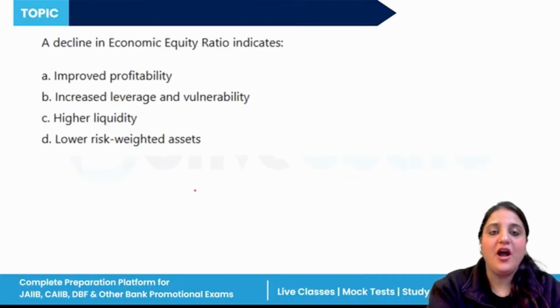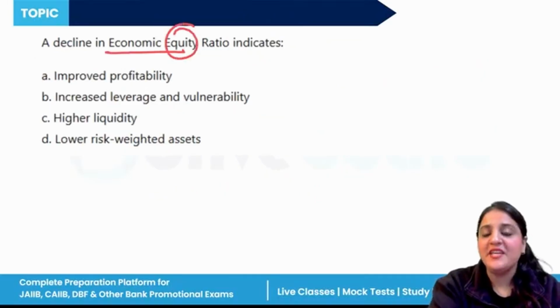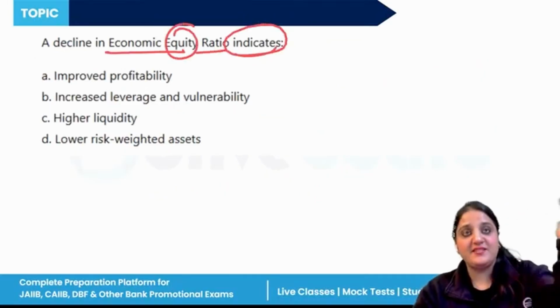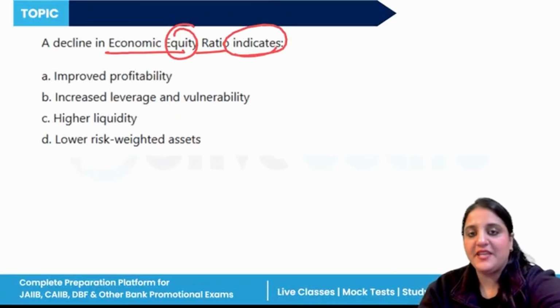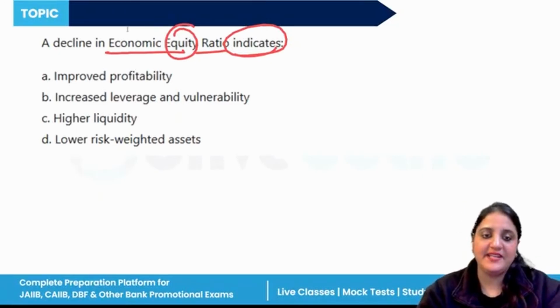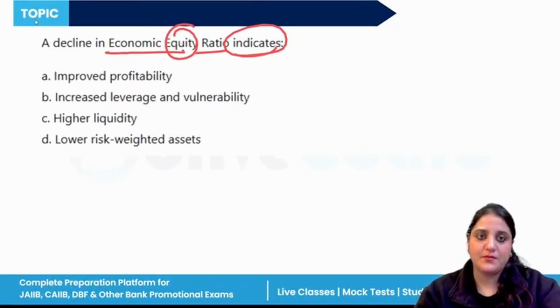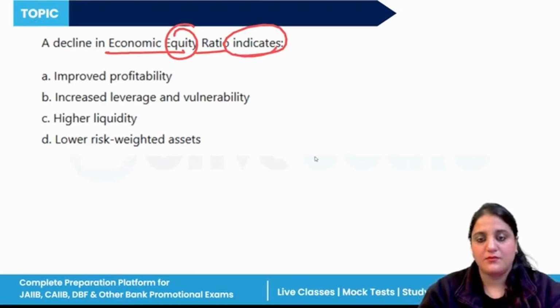Right? Now, if there is a decline in the economic equity ratio, what does that indicate? See, very simple.